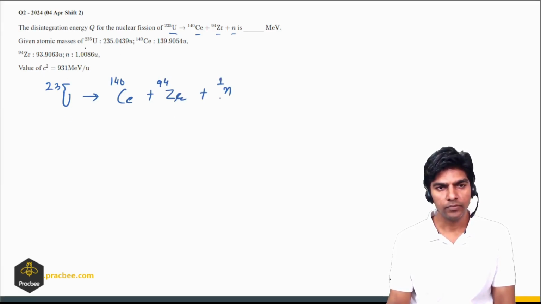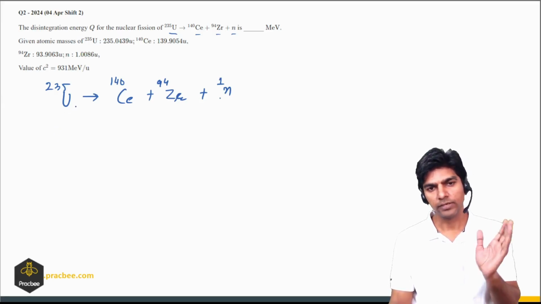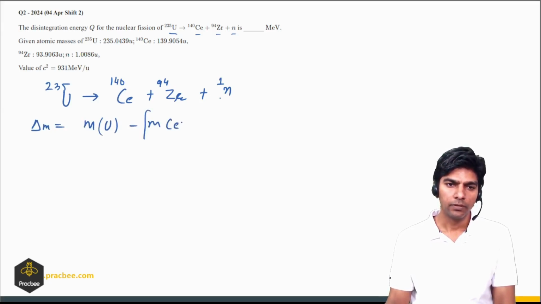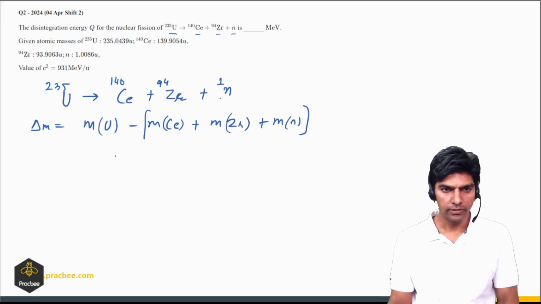And so in this case, the mass of the uranium will be more than the masses of the product. So we can say the mass defect will be mass of uranium minus the sum of the masses of the products, mass of neutron.